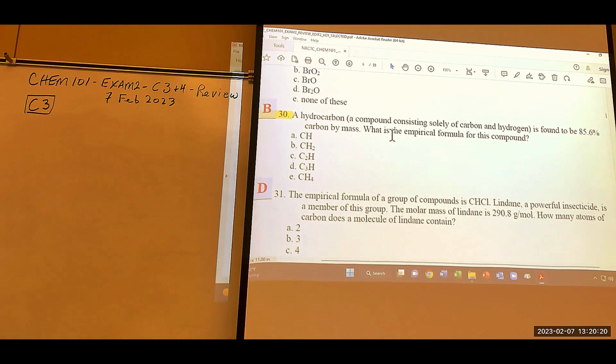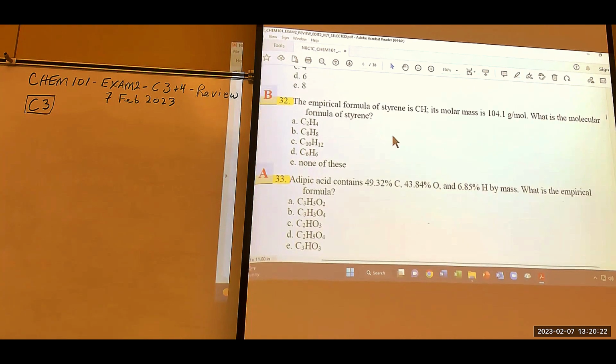Well, not really, because that's not the question. The empirical formula of styrene is CH. Okay, so they've already gone through the empirical formula part. Now for this problem, we're going to get at the molecular formula.